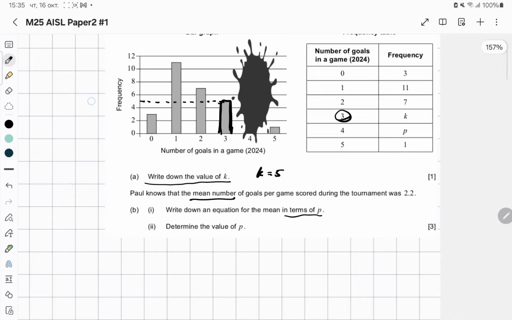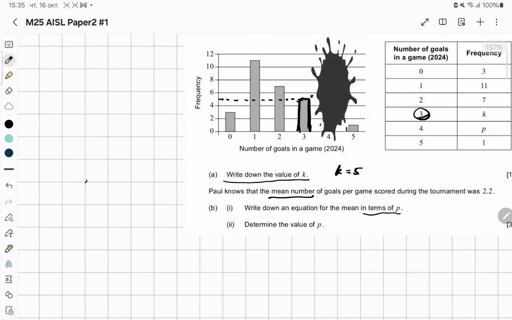So how will you find the mean? Mean is equal to 0 times 3 plus 1 times 11. So we are multiplying the number of goals with the frequency. 2 times 7, 3 times k which is 5, plus 4 times p plus 5 times 1.